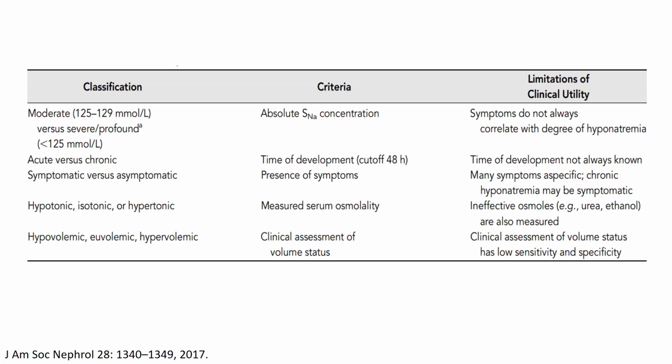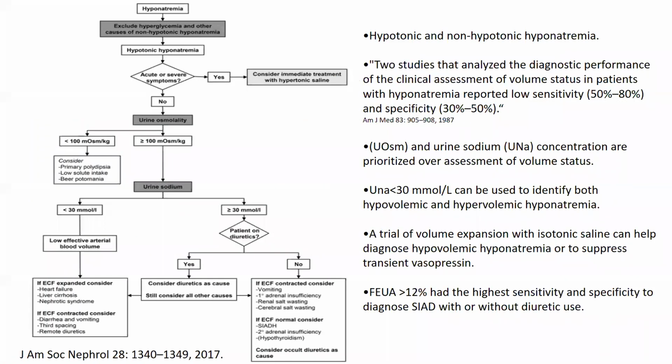But I think nowadays it's the last thing. That's the algorithm that was published in 2017. If you see, the last thing in the algorithm is to go over the physical exam, because they did 2 studies and showed that the sensitivity of the physical exam is only 50 to 80% and the specificity only 30 to 50%. So it's really hard to know what type of hyponatremia it is based on the physical exam.